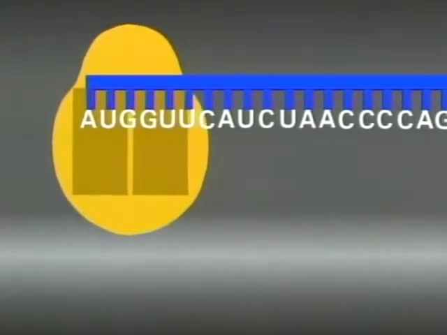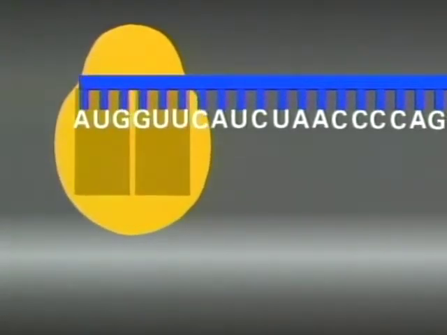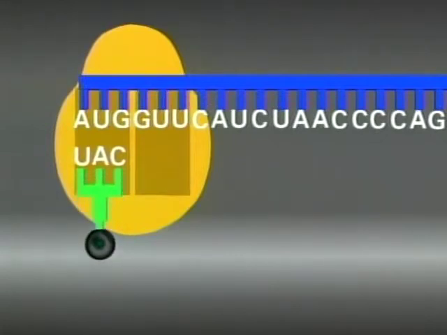The messenger RNA, shown here simplified, becomes attached to the ribosome, which contains all the enzymes and other initiating factors needed for polypeptide synthesis. Then a small transfer RNA molecule arrives, carrying the initiating amino acid.